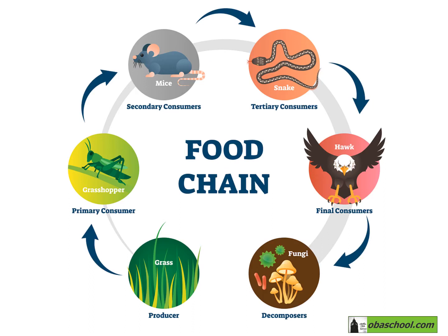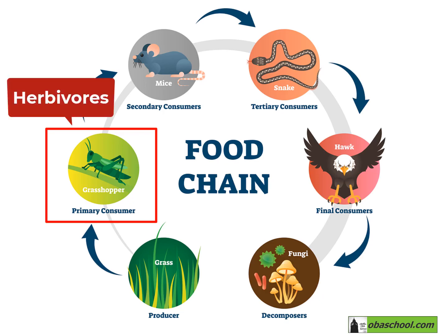The food chain starts with green plants, and the primary consumers will eat the green plants, so they are called herbivores.